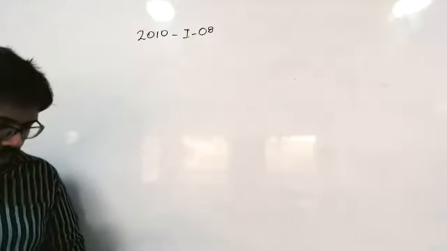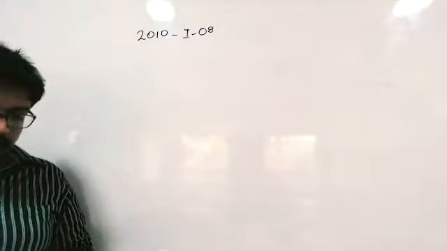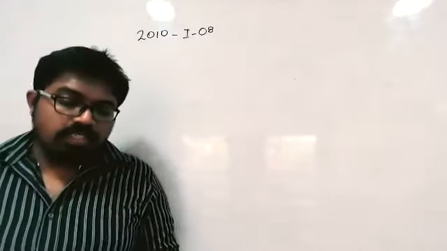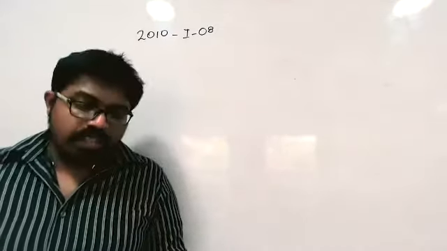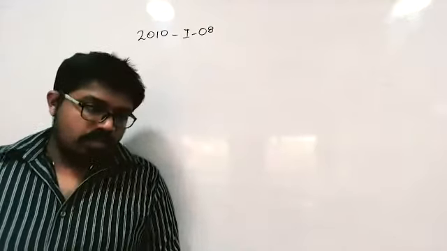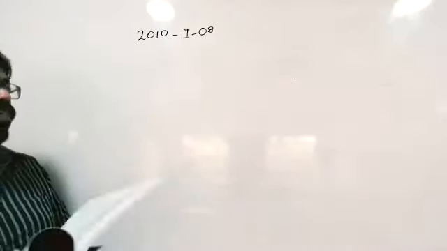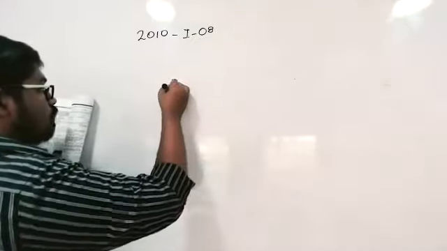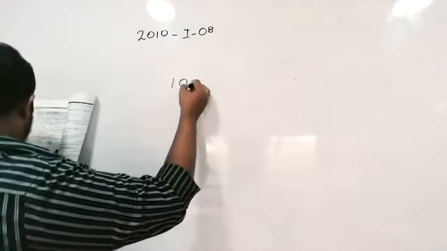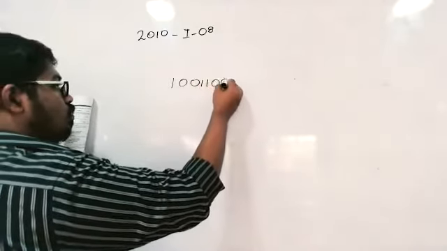Question number 8: which of the following is the largest one? They ask you the largest one among the binary values. I will explain it very quickly. The first answer option is 1001100 base 2.